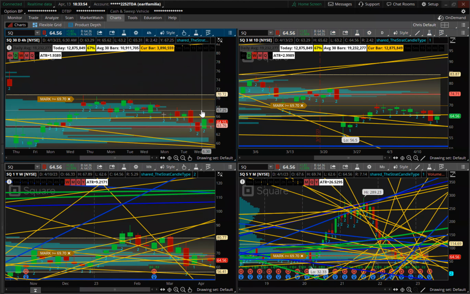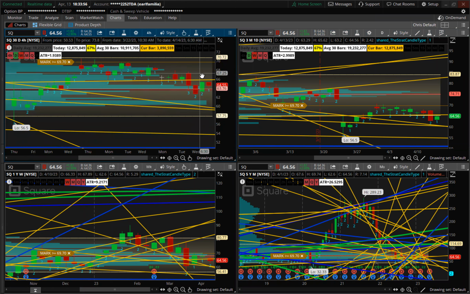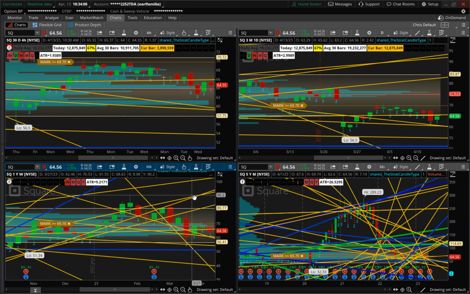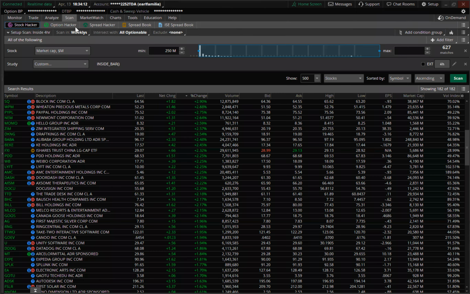And so tomorrow I'll be looking to see if we retest. This is SQ, not SO, sorry. On this SQ, it didn't even trigger the week for me. So me personally, I'm probably going to lean against playing this one to the upside. It didn't even trigger the week level, so it's not showing the strength that I wanted to see.